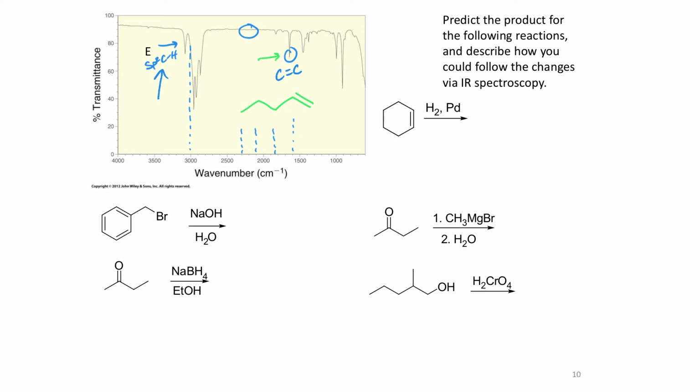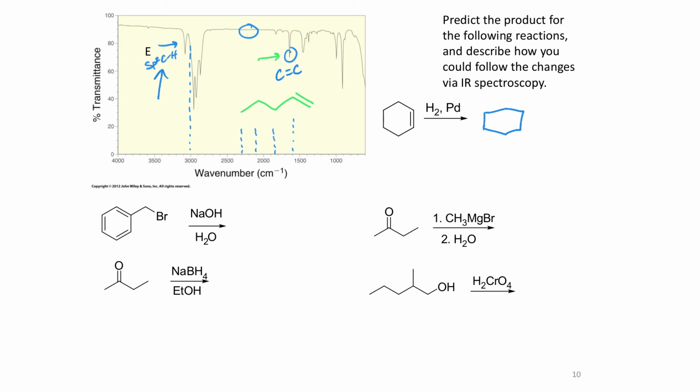So another very useful feature of IR spectroscopy is that we can analyze the starting material and analyze the product of certain reactions, and we're able to establish that indeed the reaction occurred. So this is one way that we can say, yes, we made product. So let's look at these reactions. We'll complete them. They're all review reactions, so we know that the hydrogen and palladium added to an alkene gives us this alkane.